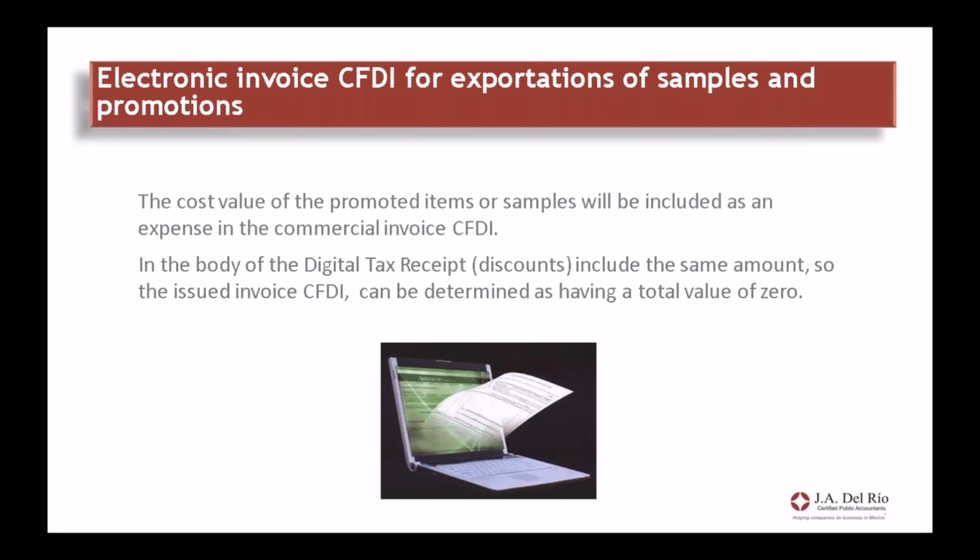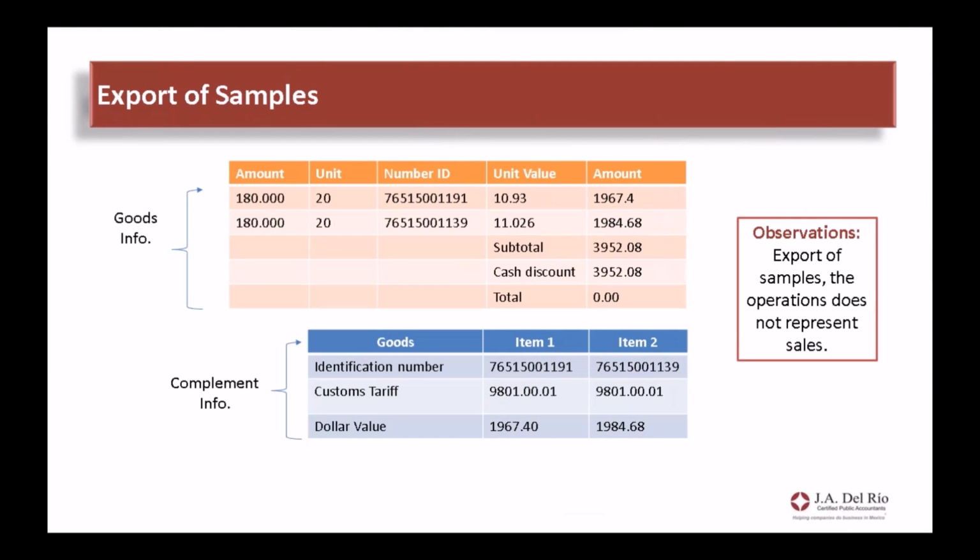For this kind of operation, it is the same as the one that Leo mentioned: we will consider the value of this merchandise, but at the end we will apply a cash discount for the value of this merchandise, because it will not be an income for the exporter. He is giving this advertisement for free just to know the branch of this new transaction.